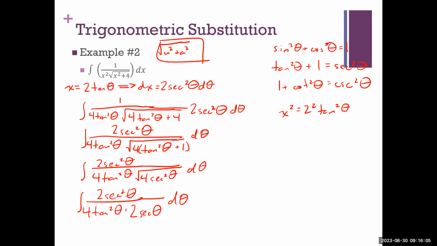What can I simplify? Coefficients 2 and 4. Yeah, that becomes 8. The secants, you can cancel one of them. Yep. I think that's true. Can we go any further?